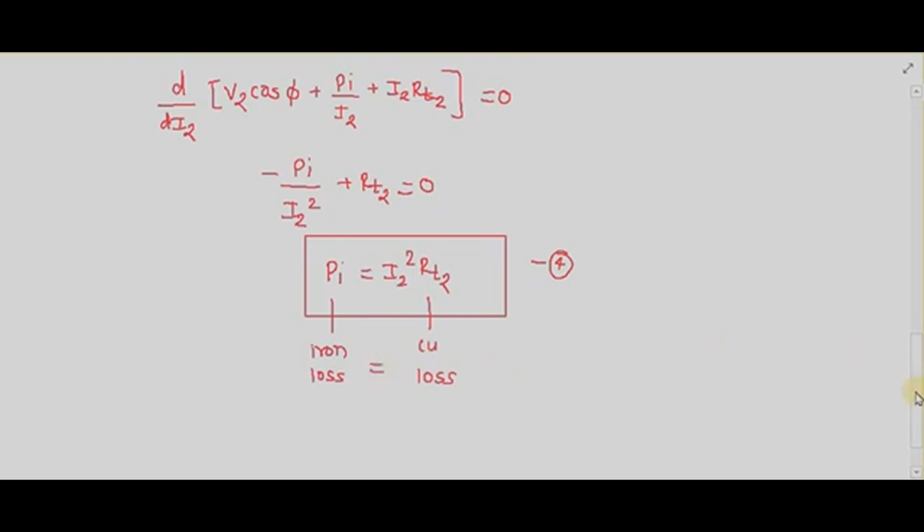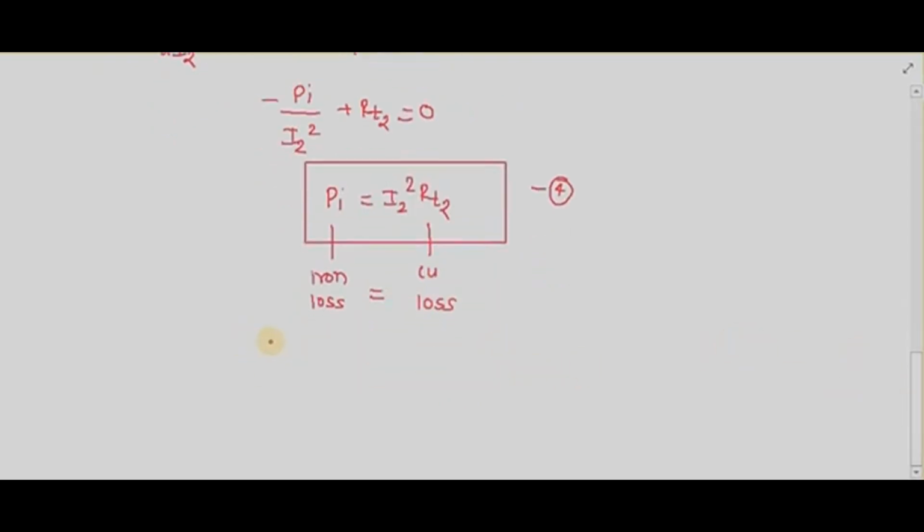So what is the condition for maximum efficiency? My constant loss, what is my constant loss? It is nothing but iron loss, which will be equal to the variable loss.